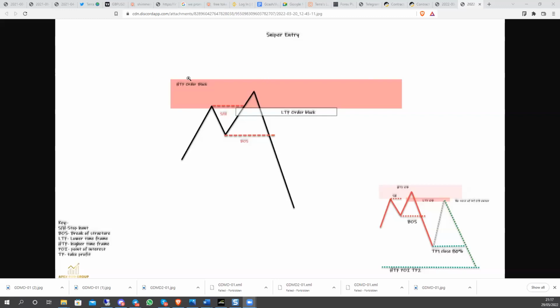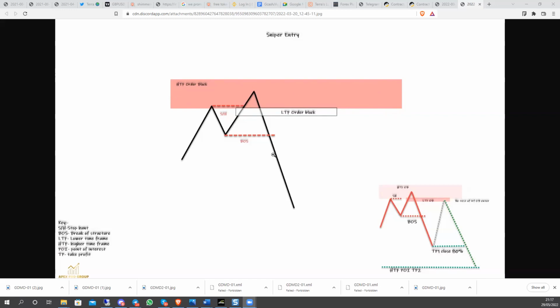So guys, now that we know the basic principle of the order block, what we can do is look for an order block on the higher time frame like this. And then what we look for is the same pattern with a stop hunt, a false move running above an old high and into the higher time frame order block.